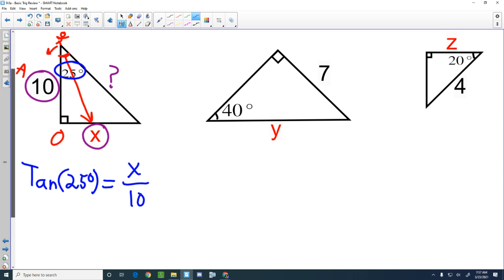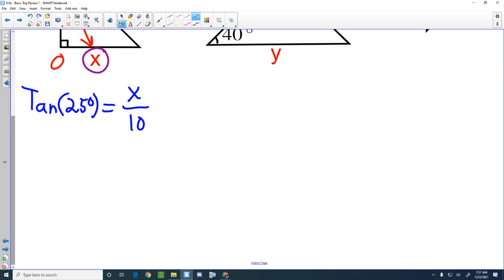So using this trig ratio, knowing that all 25-degree angles are going to have an opposite and adjacent sides in the same ratio, in the same proportion, I can make this mini equation. Now, if we wanted to solve this equation down here for x, what do we have to do to both sides to get that x all by itself on the right? So right now, that x is being divided by 10.